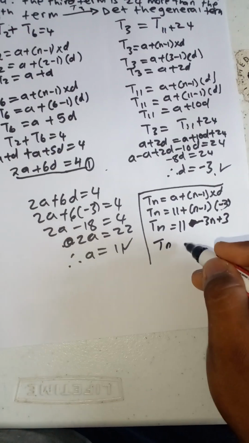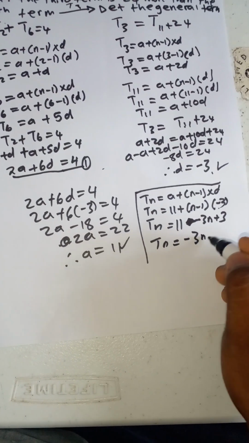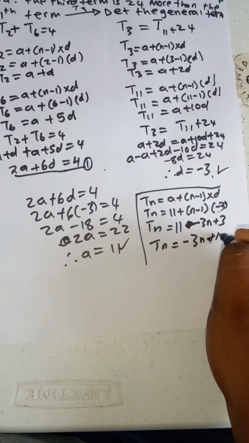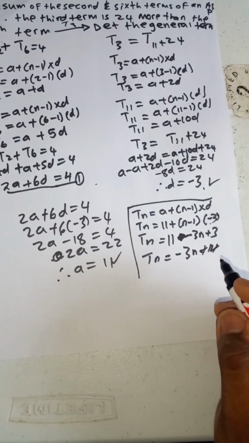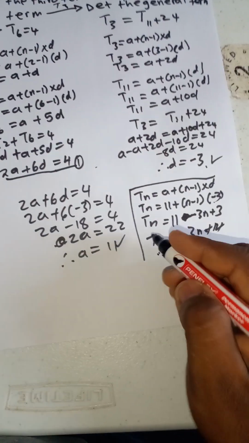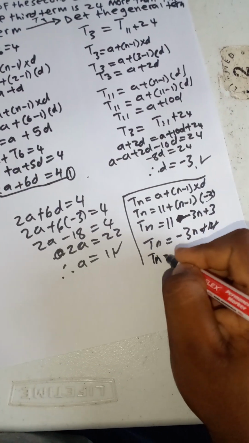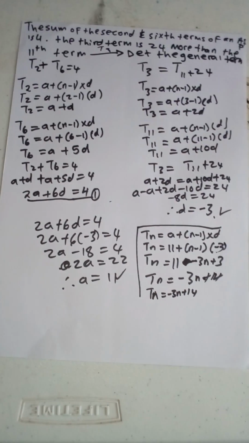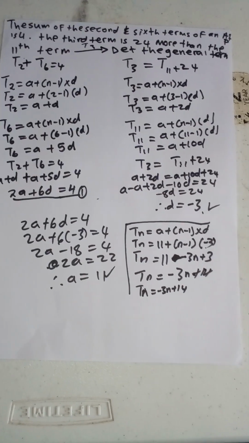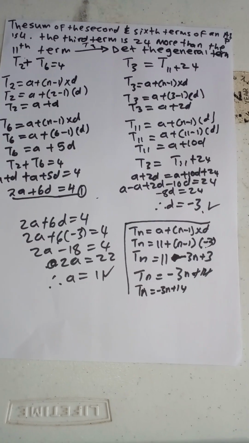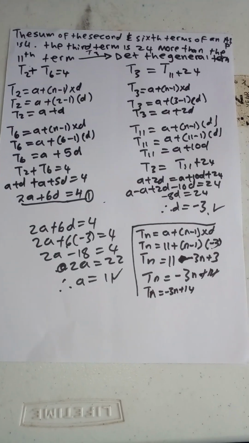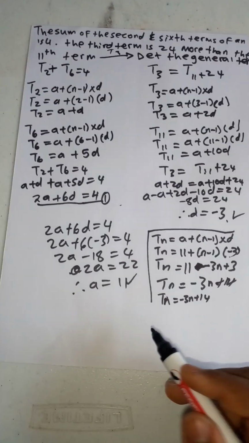Therefore our Tn is going to be negative 3n plus 14. That is what we have there. That's how we did it. It is a simultaneous equation that is complicated, but there's nothing much. The main thing is to check what you have there. So this is our general term.